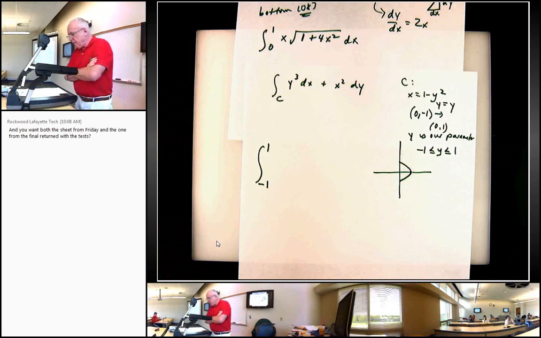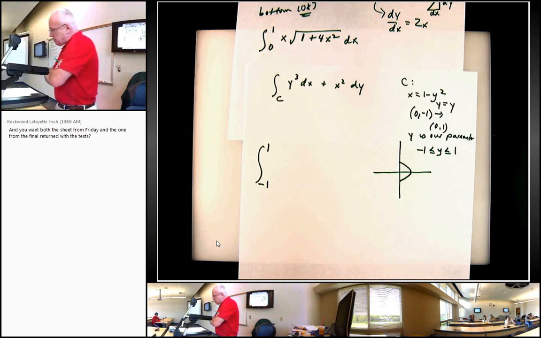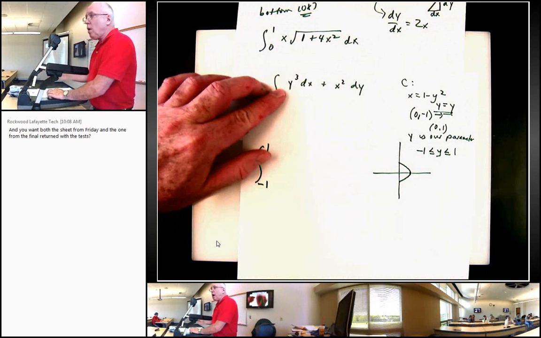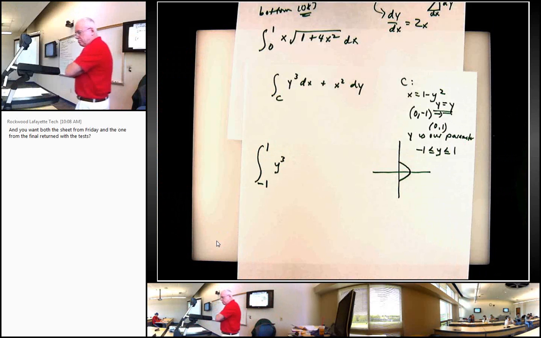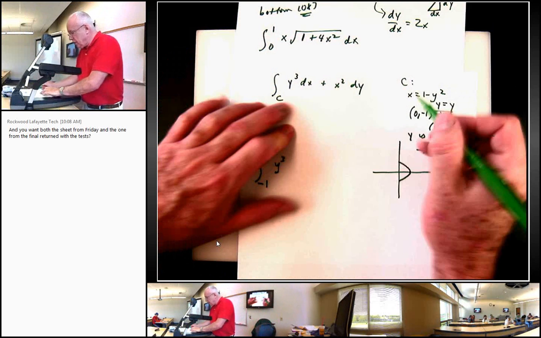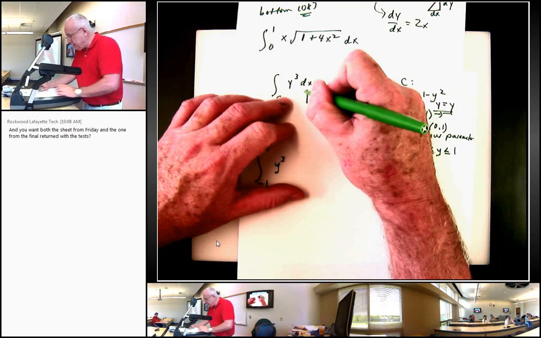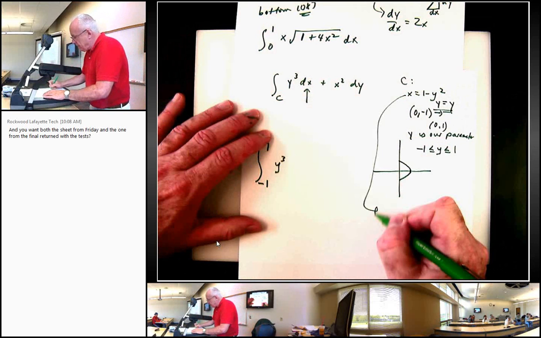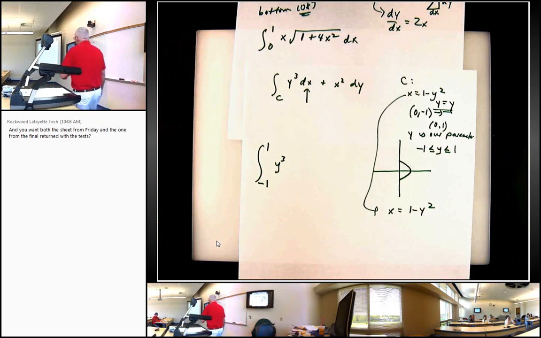Now, what do we have here? This is y to the third. Okay, well, y is just parameterized as y. So y to the third is just going to be parameterized as y to the third. Now, this thing here, we have to replace. We're given that x is equal to 1 minus y squared. y is our parameter.